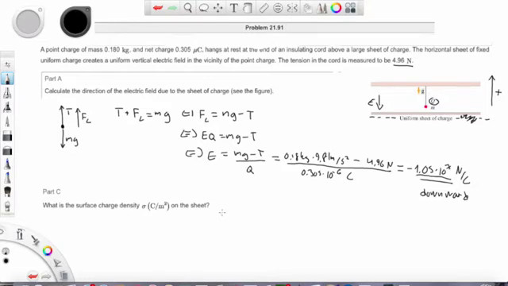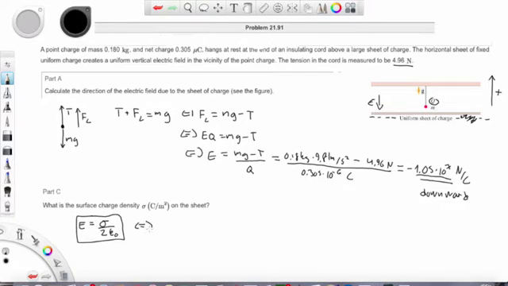The electric field of any uniform sheet is given as E equals the surface charge density divided by 2 times epsilon 0. And this is a very important result. It is shown in the book and it applies to a lot of situations, so this is one worth remembering.